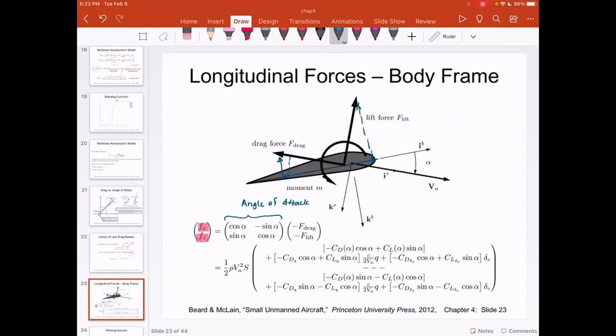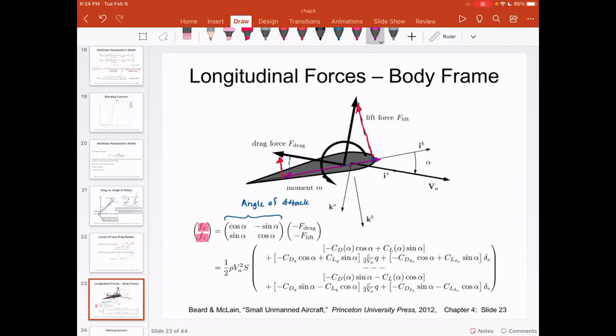So I want you to note that this component and this component give you forces in the Z direction. This component and this component give you forces in the X direction. And it is just a simple projection matrix.